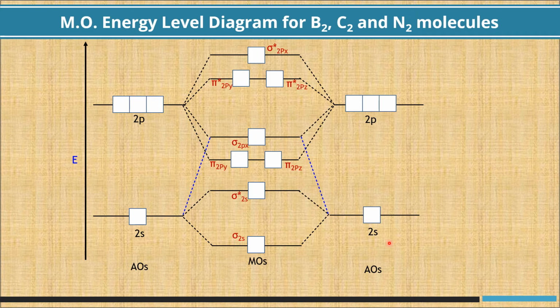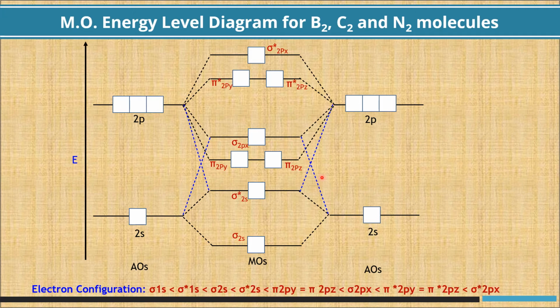As I said, there is interaction between 2s and 2p orbitals of the atoms. The interaction takes place because the energy gap between the 2s and 2p orbitals is not very large, which can be shown like this. Due to this interaction, the molecular orbital energy levels are changed.